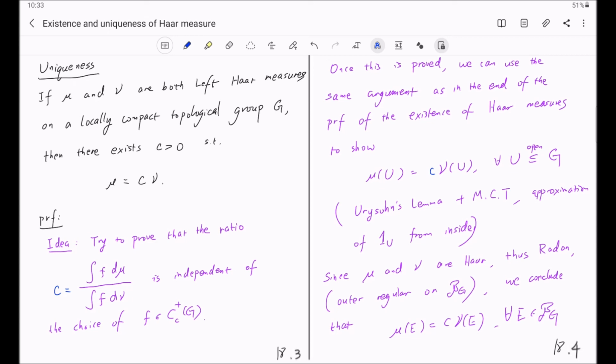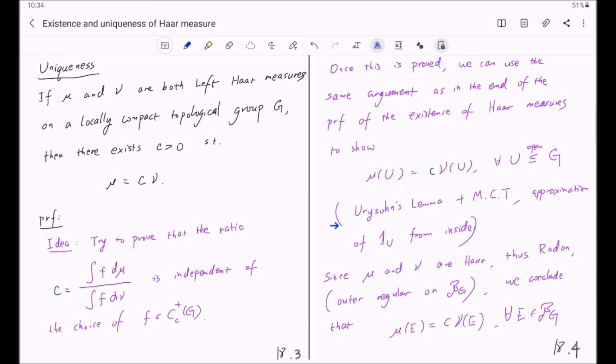And of course, as I said earlier, you need to go through also the end of the proof for the existence of Haar measure and use the approximation method with Urysohn's lemma and the monotone convergence theorem to get from this integral to measures.